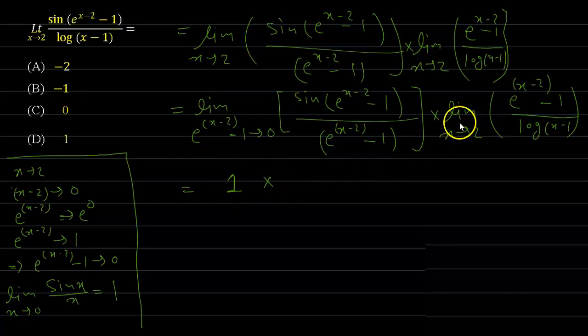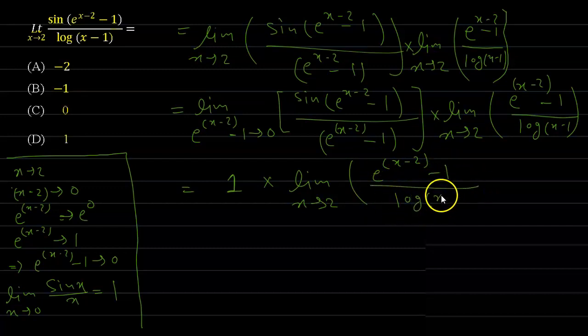And for the other limit, x tends to 2 of (e to the power x minus 2 minus 1) divided by log of (x minus 1), on putting x equal to 2 we get e to the power 2 minus 2, which is 0, minus 1, divided by log of (2 minus 1).